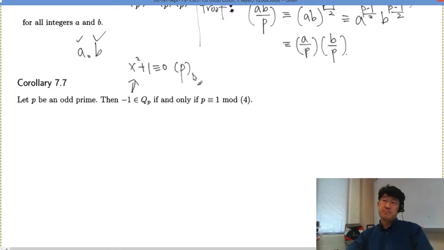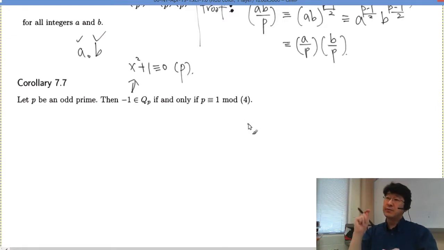P is an odd prime. -1 is a quadratic residue, like square root of -1, if and only if p is 1 mod 4. I change the statement: -1 being a quadratic residue, x squared plus 1 congruent to 0 mod p, solvable, right? Have you seen that? What theorem? Wilson's theorem, right? We found something. So that was the condition.